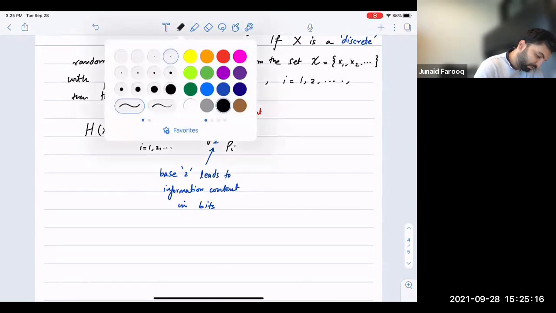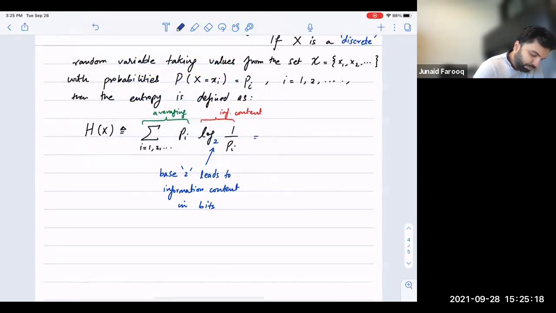And in other notation, you can actually just say this is the expected value of the log of 1 over pi, right?